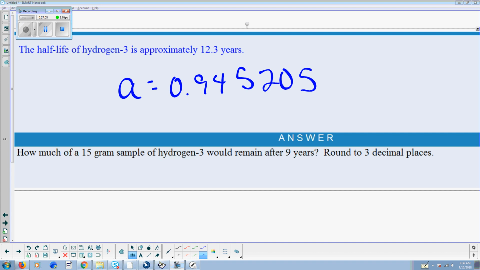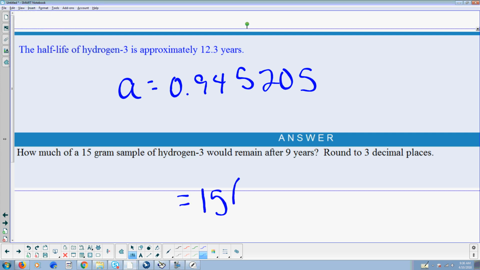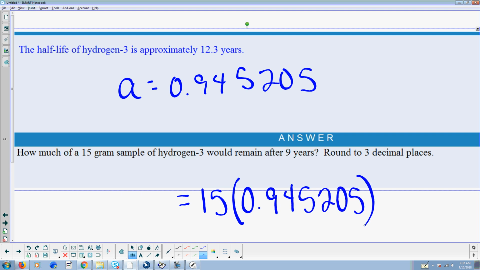Okay, the next part of the question says how much of a 15-gram sample of hydrogen-3 would remain after 9 years, round to 3 decimal places. So again, we're talking about an initial amount of 15, where little a is 0.945205, and it's asking about the amount after 9 years.